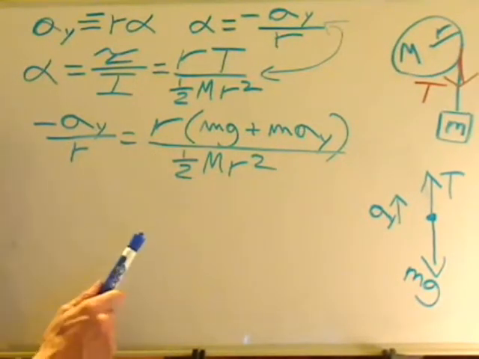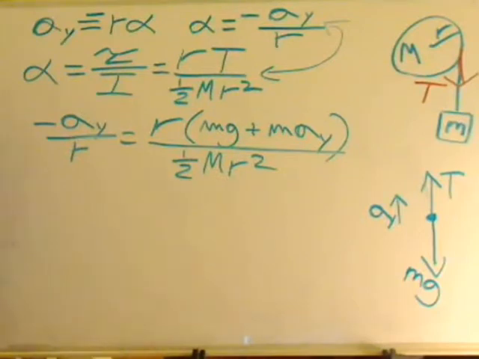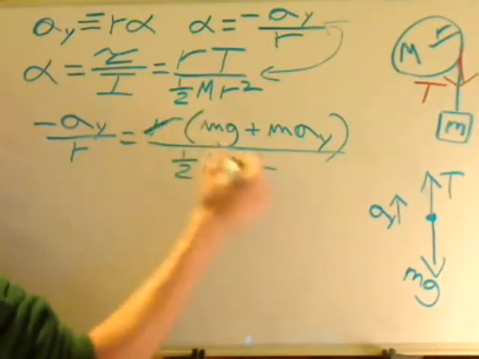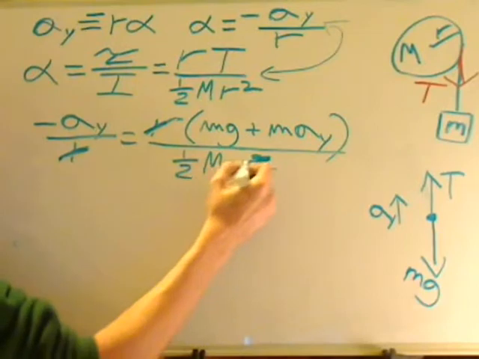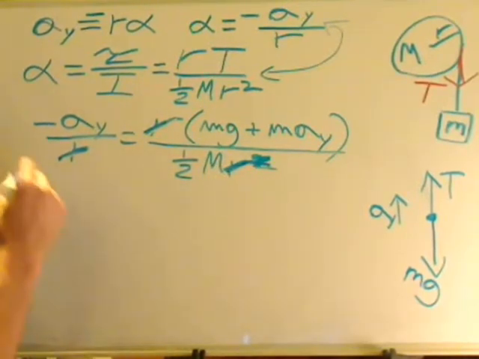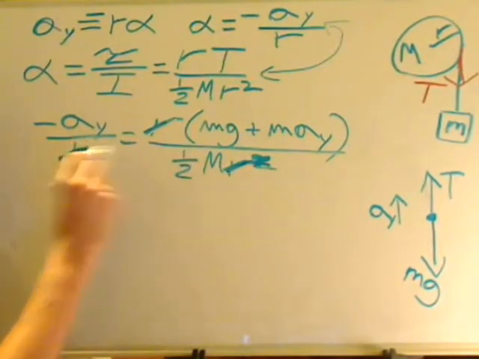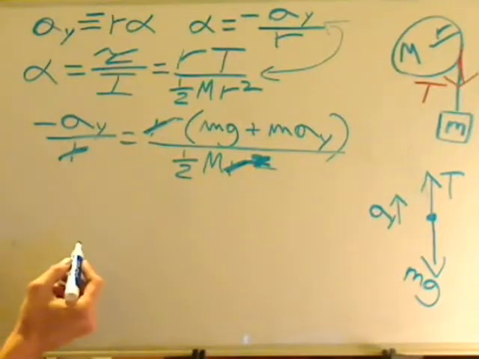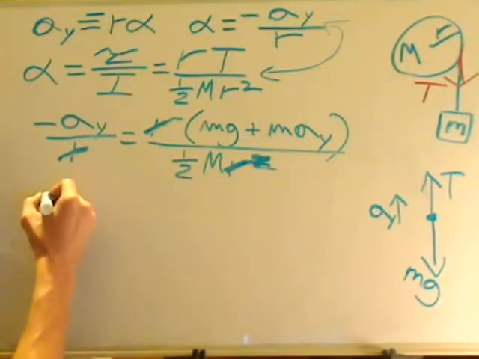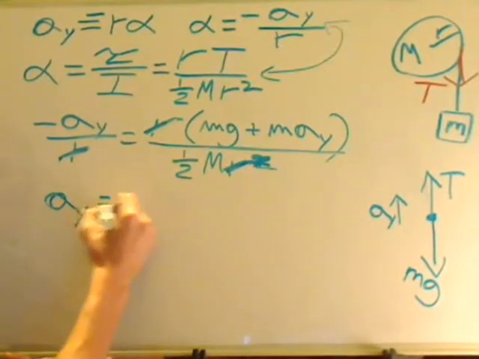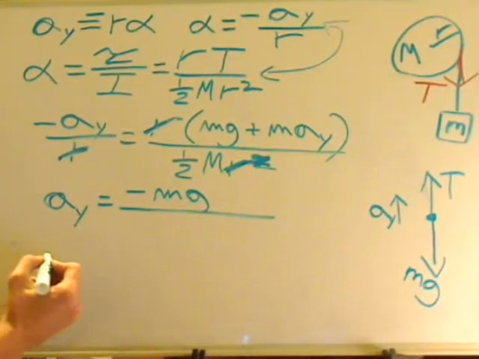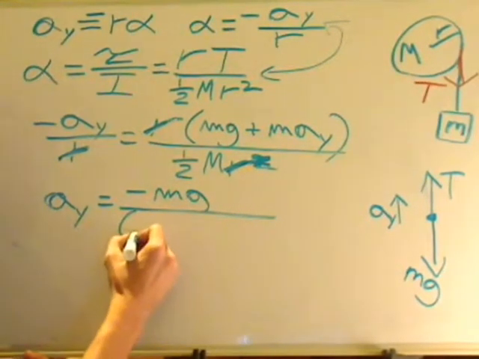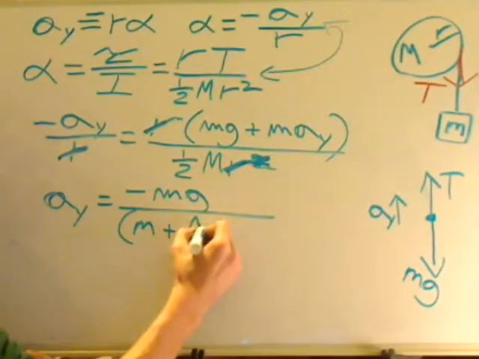Now we want to solve for acceleration. That's how we're eventually going to solve this problem. So let's try to cancel out as much as we can here. This r cancels with one of these r's. This r is going to cancel with that r. And once we do a little bit of algebra to solve for the y acceleration, you find the y acceleration is negative mg divided by little m plus big M over 2.